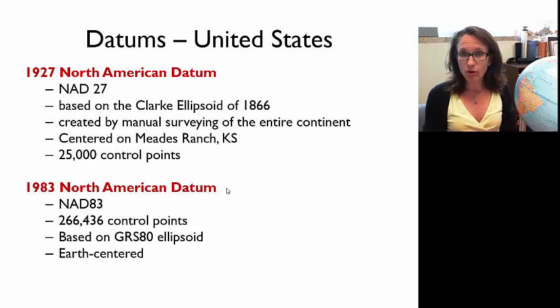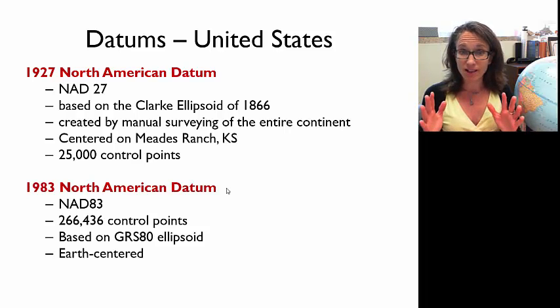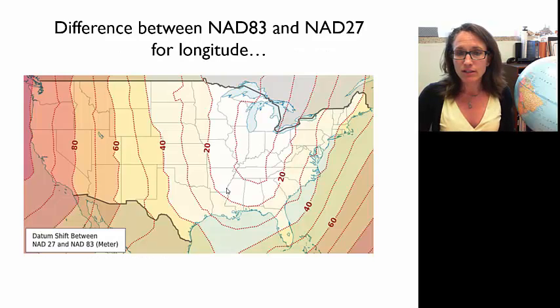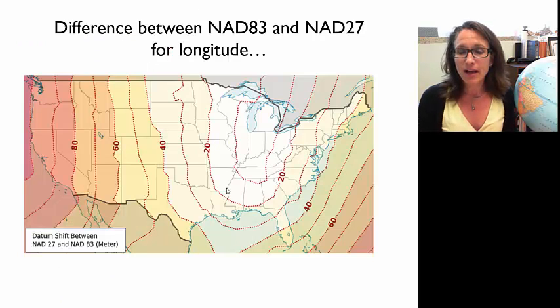And this is an older system, and it's not being used as much now as it used to. But there's still a lot of data out there that's referenced to the NAD 27 datum. The newer one is the NAD 83 datum. It's a little bit more robust than the NAD 27, and it is essentially equivalent to the WGS 84 datum, which I'll get to in just a sec. Let me go back here.